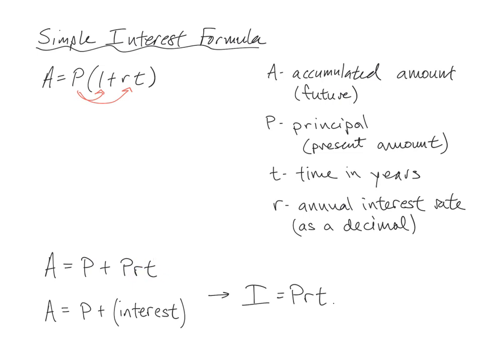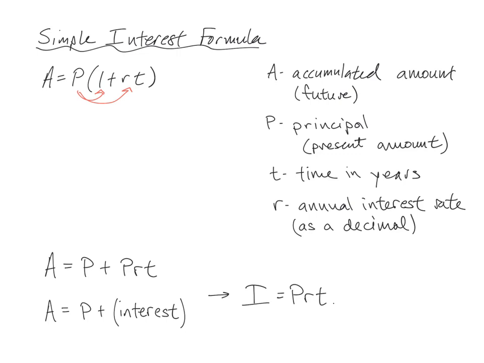Why is that important? Because of the way money works, think about it. If you put an amount of money in the bank, and the bank gives you some interest payments along the way, as is what happens in the real world, that's what this PRT is. PRT is the interest. So we're adding some money to it, and in the future, you'll have a bigger amount of money.